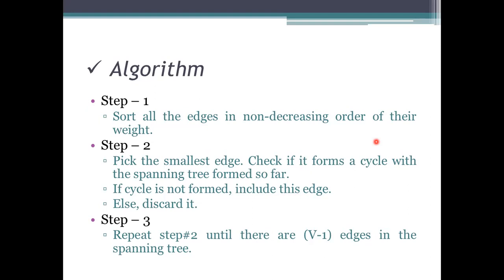And we need to check. At the very first initial state there is no need to check for a cycle. If we add a third edge, for example, I chose an edge and again I choose another edge.